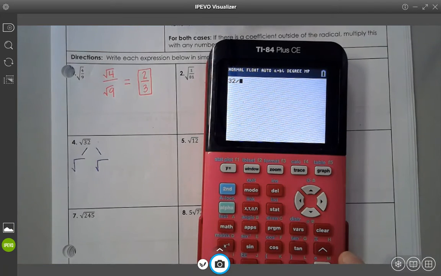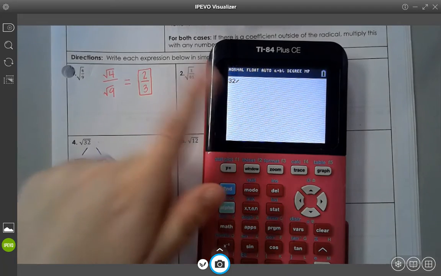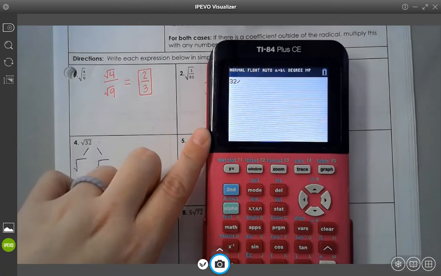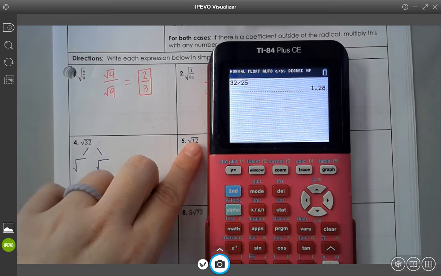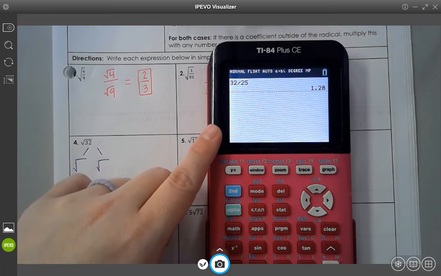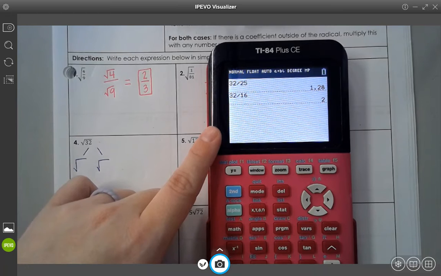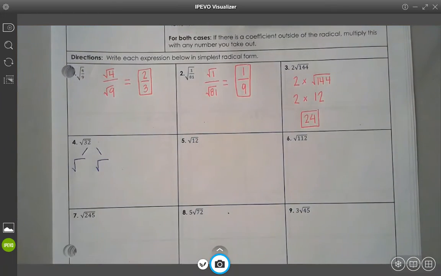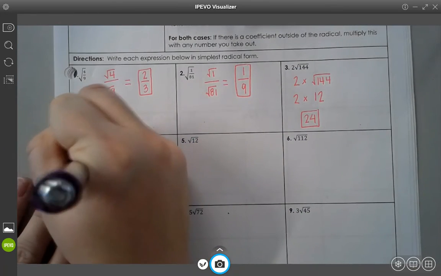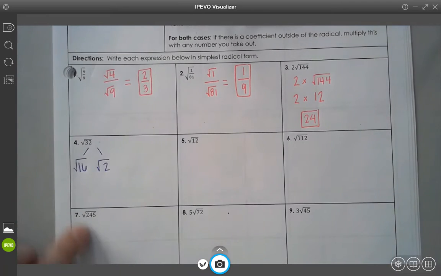So 32 divided by, start with a number that's kind of close to it, I guess, 25. It does not go evenly. So then go to your next. 32 divided by the next smallest number, 16. Does it go evenly? Yep. So I'm going to write this as the square root of 16 and the square root of 2.